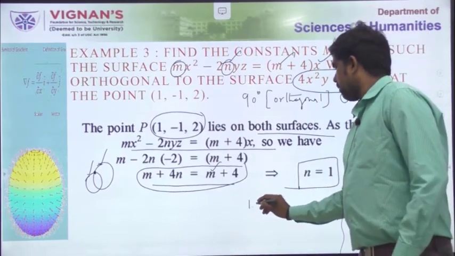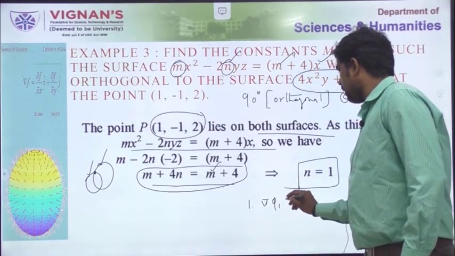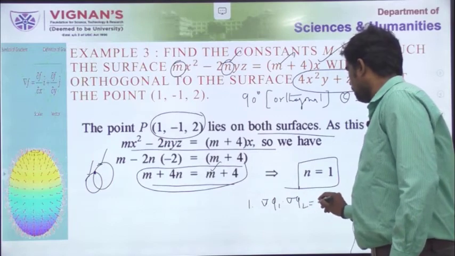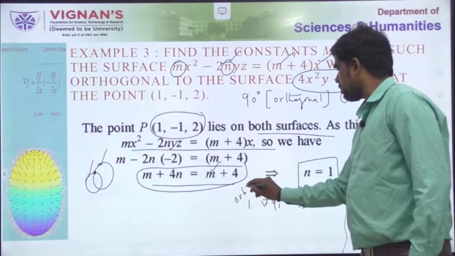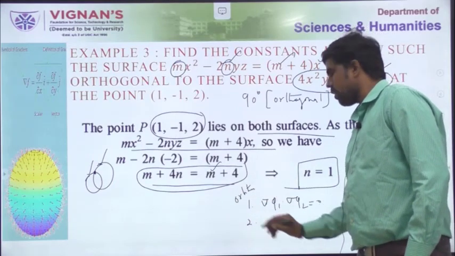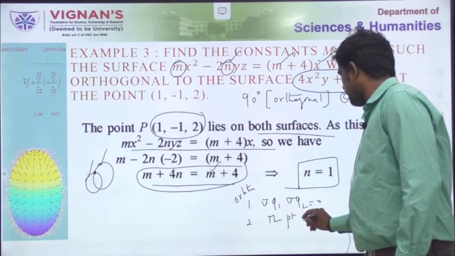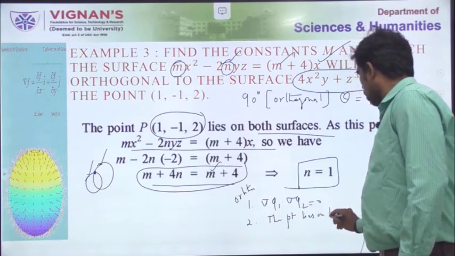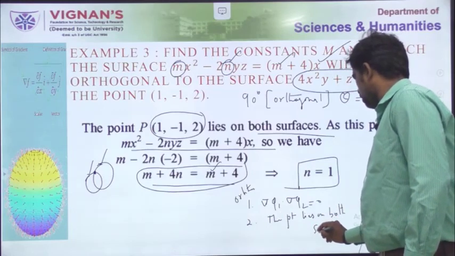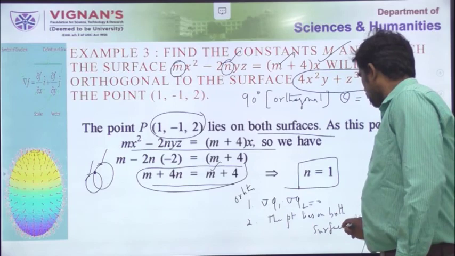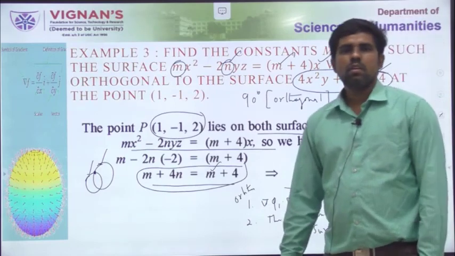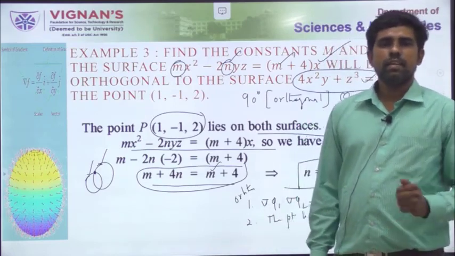One is surfaces are orthogonal means del phi 1 dot del phi 2 is equal to 0. Second one, the common point lies on both surfaces. By using these two concepts, we found the missing terms m and n.